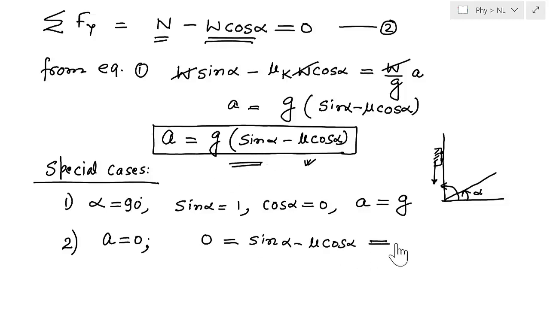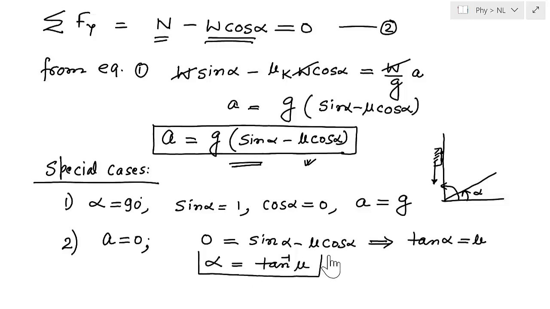So from here I can say tan alpha is equal to mu, or alpha is equal to arctan or tan inverse mu. If you remember, this was the angle that we derived in the previous video when the toboggan was moving with a constant velocity.